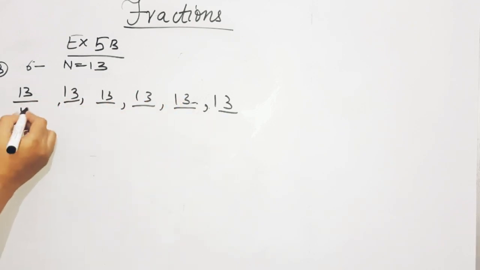Now 1 can be 13/13 because the numerator and the denominator are equal. Numerator is greater than or equal to the denominator in improper fractions.